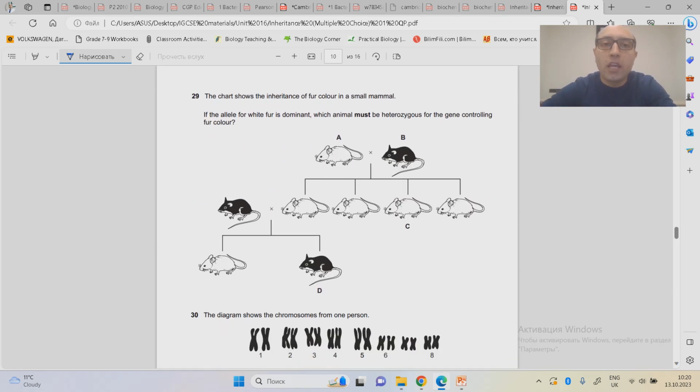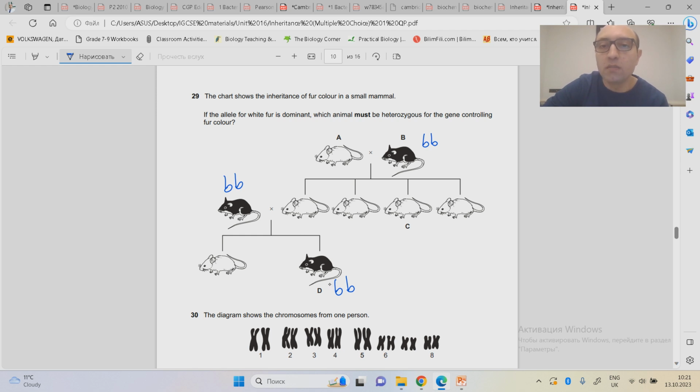29. If the allele for white fur is dominant, so the allele, guys, for white fur is dominant. This is an important detail. So it means that the allele for black fur is recessive, guys. So this will be small b, and this is also small b.